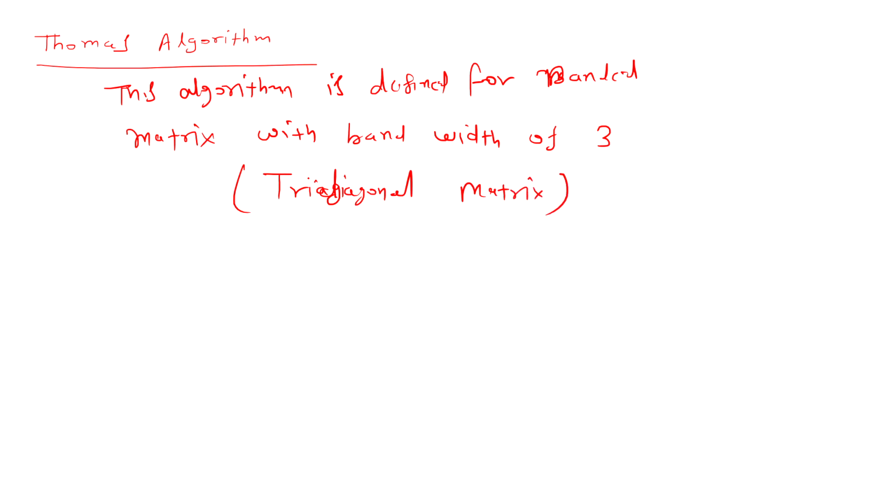So Thomas algorithm is applicable for tridiagonal matrix, which means we will have a main diagonal with non-zero elements, and we will have two more diagonals adjacent to the main diagonal with non-zero elements.